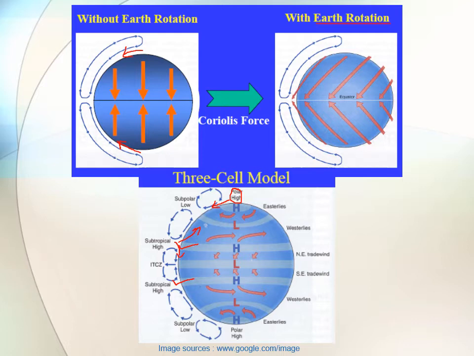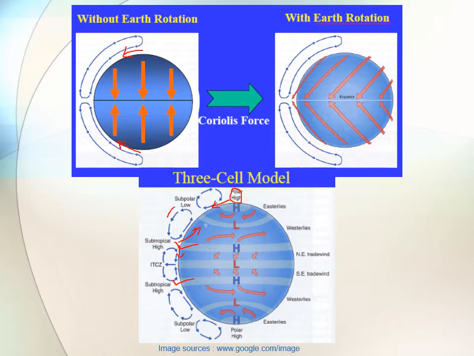This upward movement in the subpolar region, near the 60-degree latitude, creates a low pressure area at about this latitude in both hemispheres. And after going up, this air again divides into two parts. One goes back to the higher latitudes towards the pole, and one moves to the equatorial region.